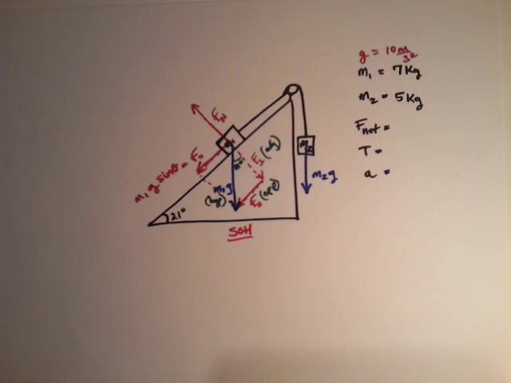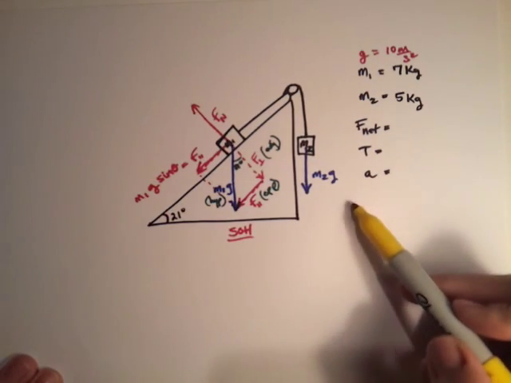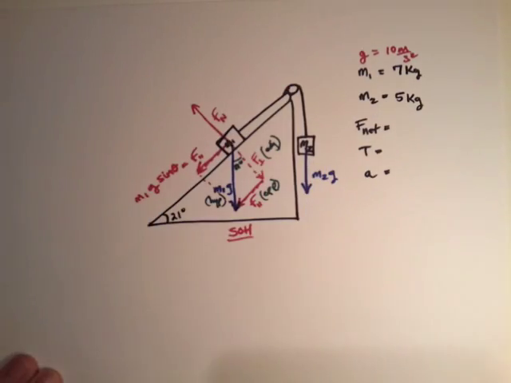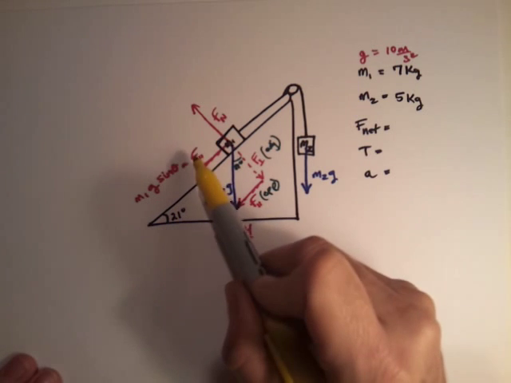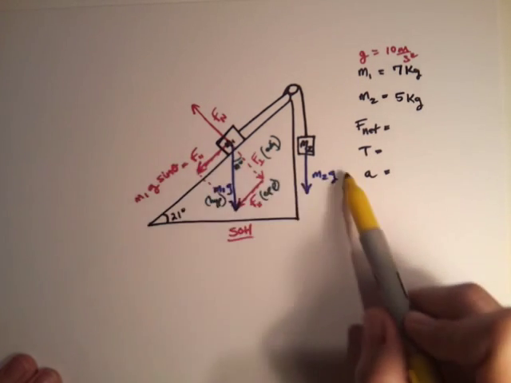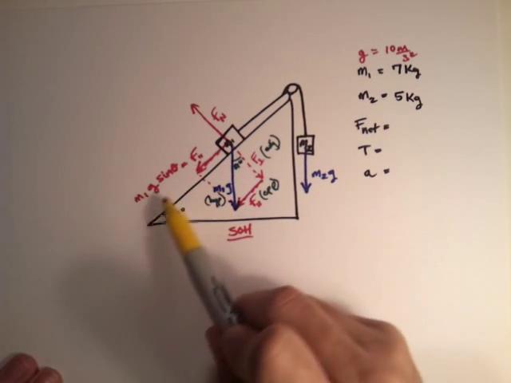All right. Now, when I'm looking at this system and trying to decide how it's going to move, I am going to define that. So let's just say that I think it's going to move this direction, and I'm going to consider that direction positive, up and over positive. Now you know from our discussion in class that if your F parallel is greater than this weight, it will go this direction.